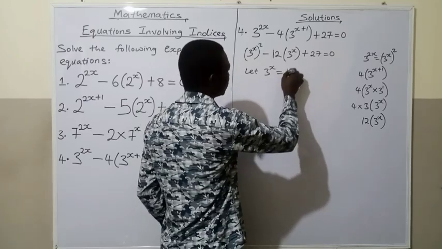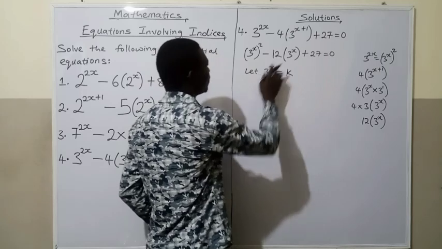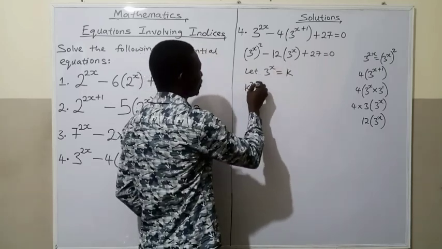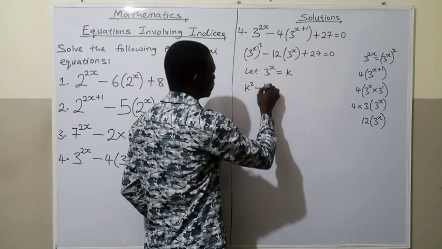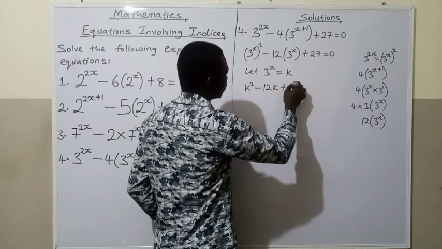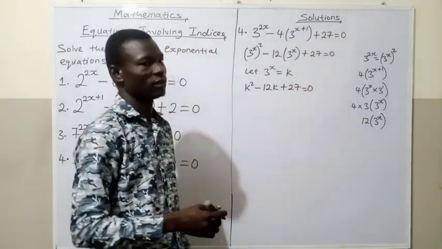That's color only for you. Alright, so if 3 raised to power x is equal to k, I'll be having what? k squared minus 12k plus 27 equals 0. So what are the two numbers that we'll be having in this case?